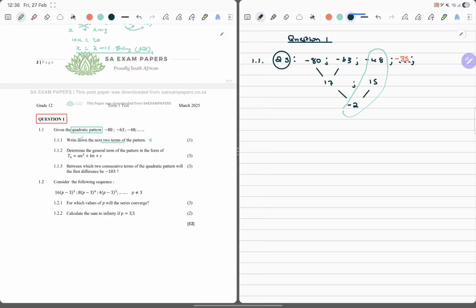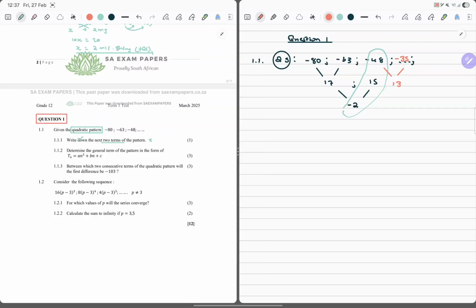And then we need the next one from there. We can either take the difference between these two and see what that is: minus 35 plus 48 gives us 13. The other way, you would just say 15 minus 2, because every time we're just subtracting 2.